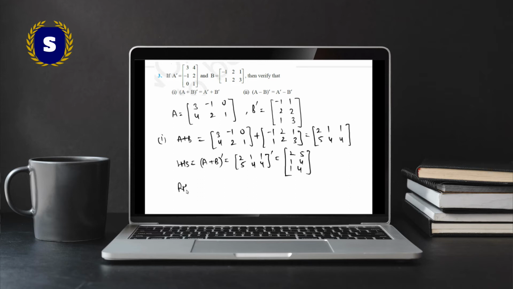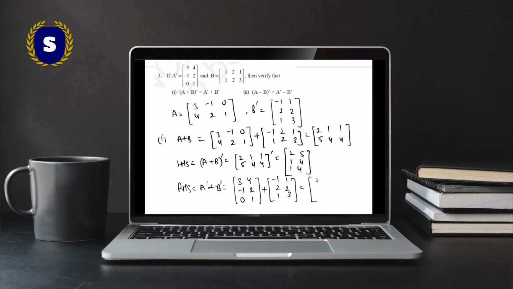And for the RHS we have A transpose plus B transpose. That is equal to [3, -1, 2, 4, 4, 2, 1] added to B transpose, that is [-1, 2, 1, 1, 2, 3].